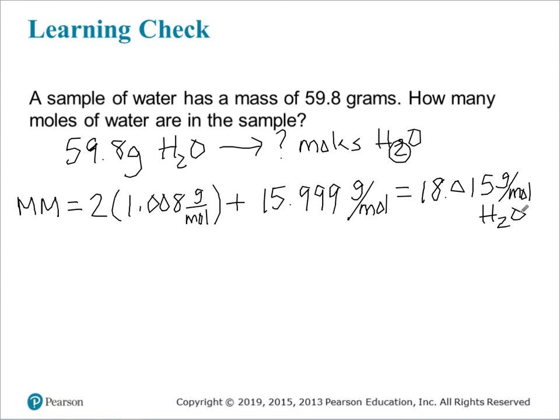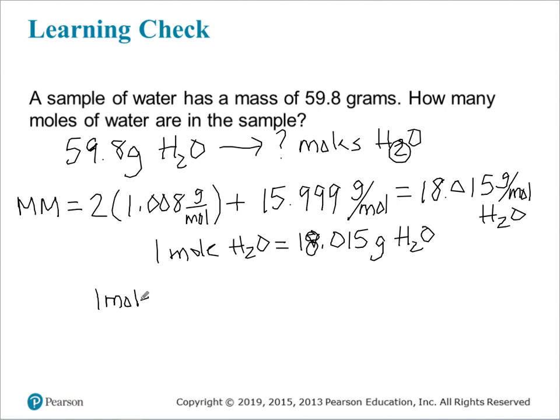Now we need to go from grams to moles, and we're going to use a conversion factor. Our equality says that 1 mole of water is equal to 18, ooh, that's a bad 8. My tablet does not like circles. So 18.015 grams of water is the same thing as 1 mole. So we have to put what we want at the top of our conversion. And in this case, we want moles. So we're going to put moles of water at the top.